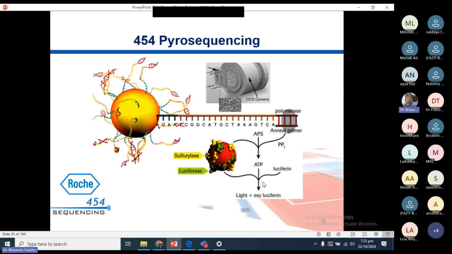Finally, with that ATP, they ignite a light, and that light signal comes out, right? So that pyrophosphate has high energy that is used to make an ATP, and then this ATP is used in this reaction, right? And finally, we get light plus oxyluciferin, right? So this way, we get a light signal here, right?